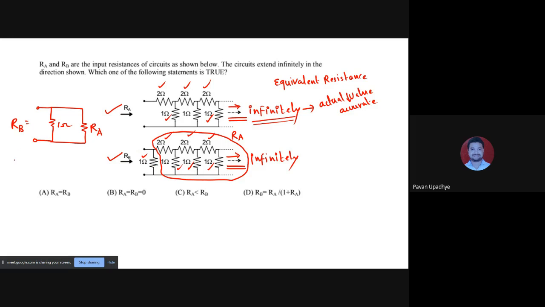So ultimately it means that resistance RB is like 1 in parallel with the resistance RA. So we know this can be calculated as 1 into RA upon 1 plus RA. So what we get is RA upon 1 plus RA. So if this is the option, then we are done. Yes, look at this, there is an option RB is equal to RA upon 1 plus RA.